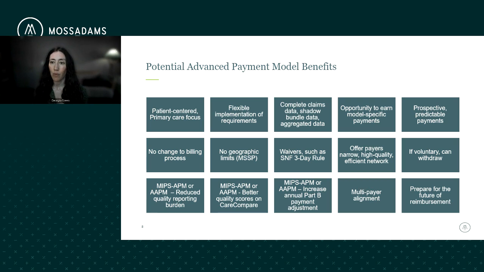A lot of times people don't really understand, and how could you understand the leakage out of your network or out of your area unless you have that complete claims data. So it's pretty cool. There's legal waivers in some models.